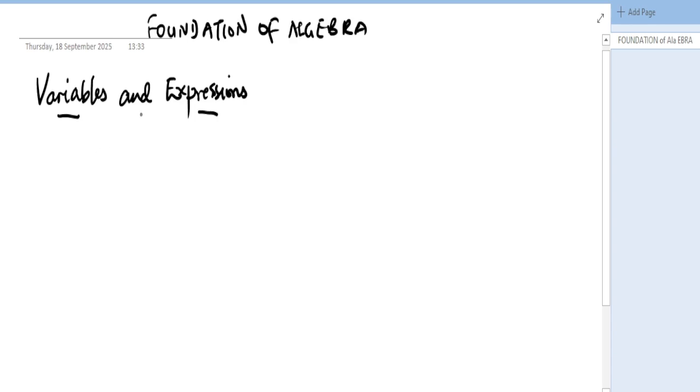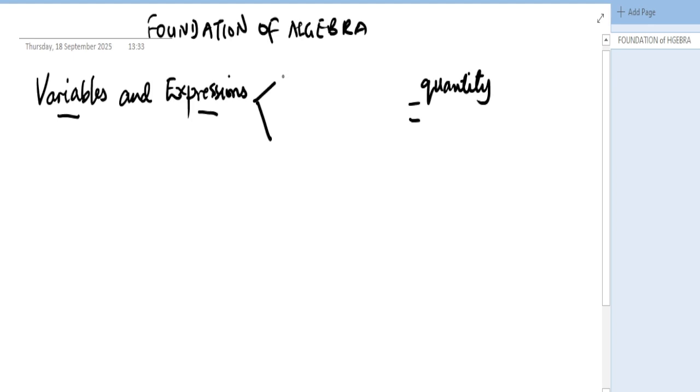So for us to understand these keywords, we will need to look at the word quantity. We also need to understand the word quantity. We will look at expressions in two forms.